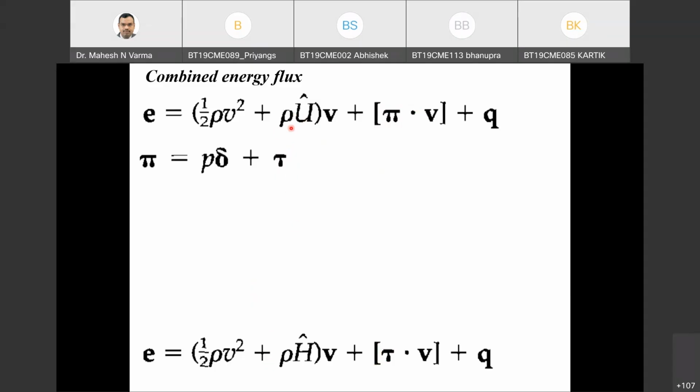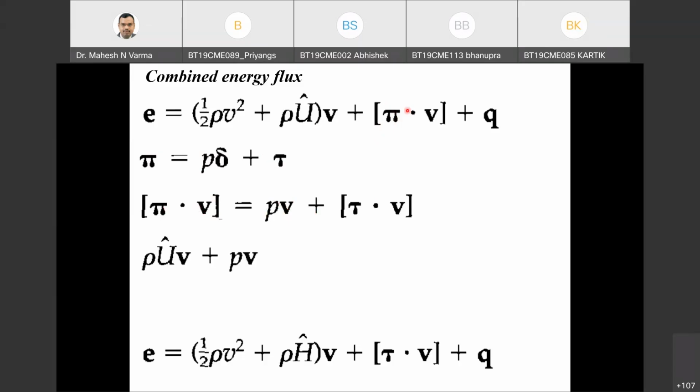Very easy actually. I have this total molecular flux, which consists of a molecular flux because of pressure forces and a molecular flux because of viscous forces. Now substituting it here, pi dot v will be equal to p v plus tau dot v. Substituting these two components here, I have rho u v plus p v.